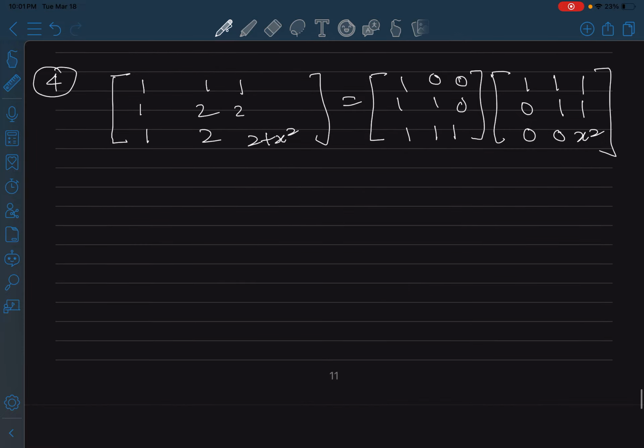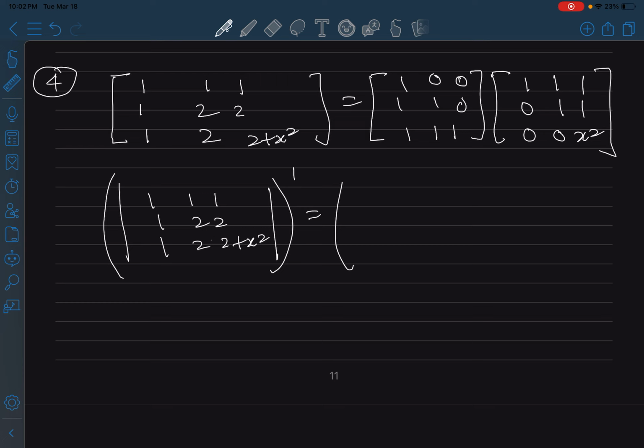Now, what we are trying to do is figure out this determinant prime, right? Since the determinant of a product is the product of the determinants, you can basically try to write it as a product of determinants, right?